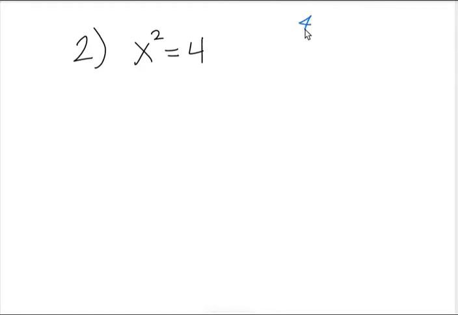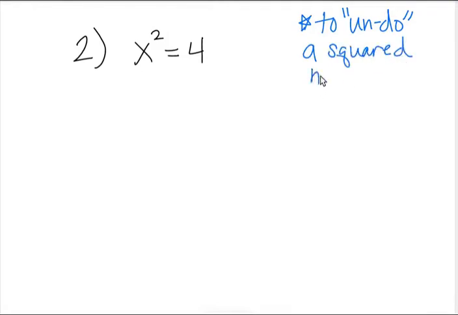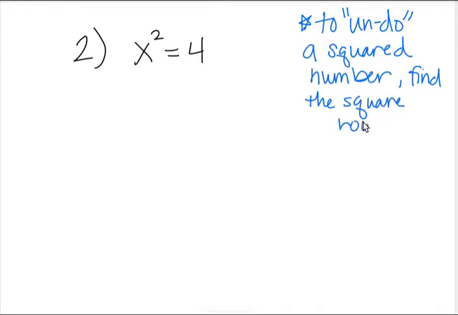I'm going to want you to write a note on the side: to undo, put undo in quotes, a squared number, find the square root.